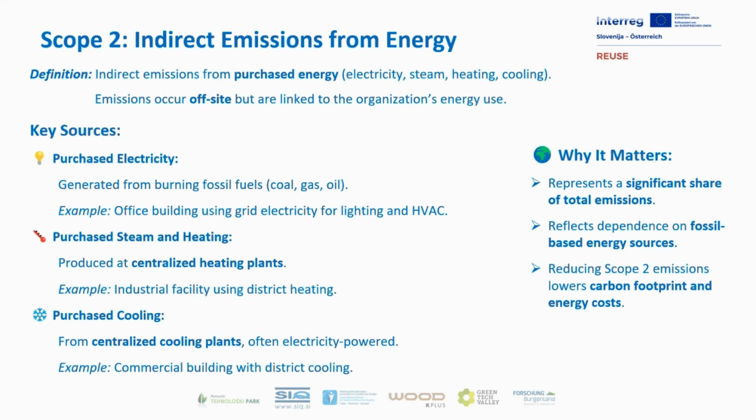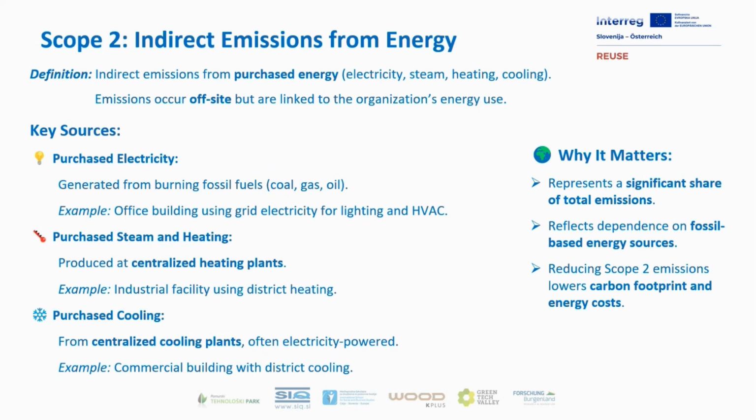Unlike Scope 1 emissions, which come from direct fuel use or the industrial process on site, Scope 2 emissions occur off-site, typically at power plants or district heating facilities, but they are still the result of the organization's operation.